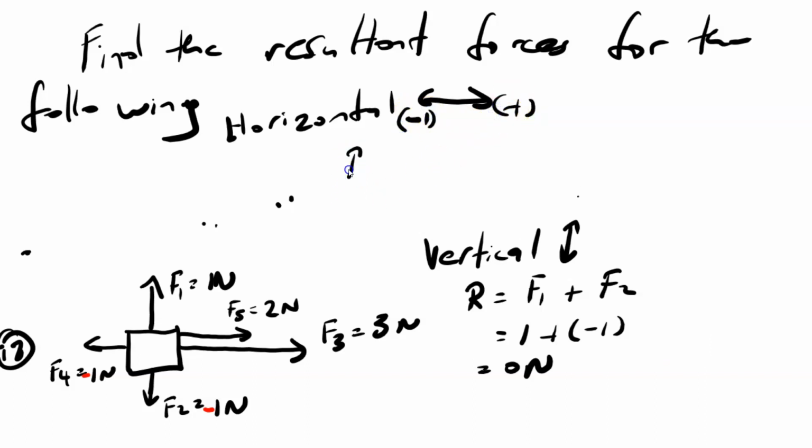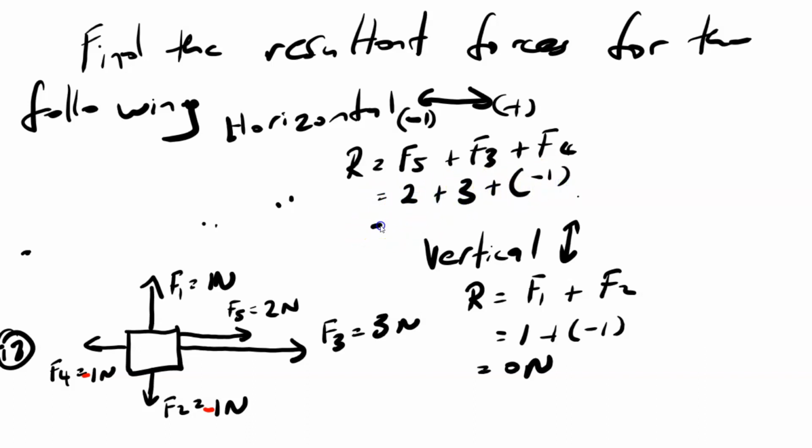So for horizontal, we have F5 going that direction, plus F3 plus F4. Let's put in our symbols. This is going to be 2 plus 3 plus minus 1, that's 5 minus 1, and therefore we have a resultant force of 4 newtons.